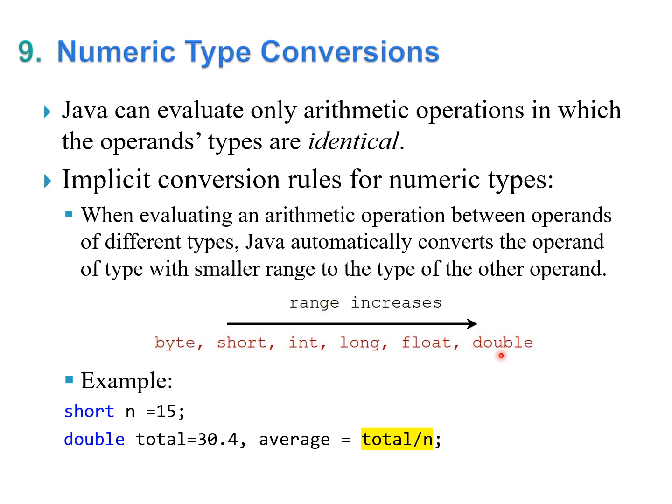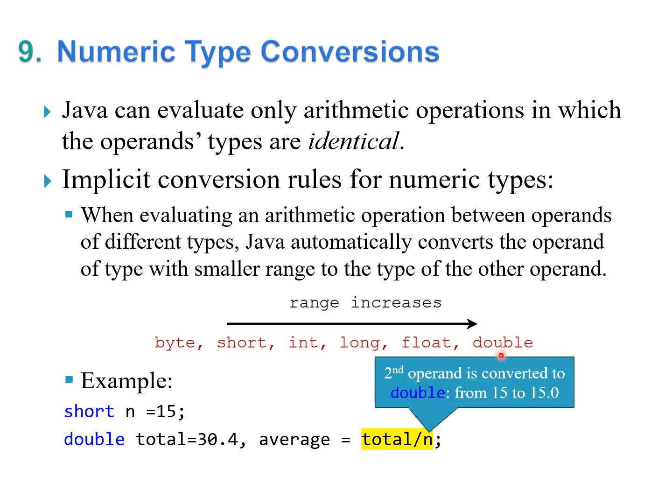In this example, the second operand, which is originally of type short, will be converted to double before the division is evaluated. Note that it only converts the value of the operand.